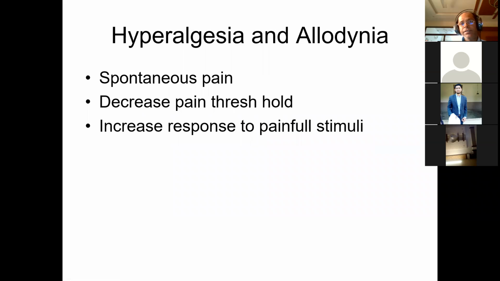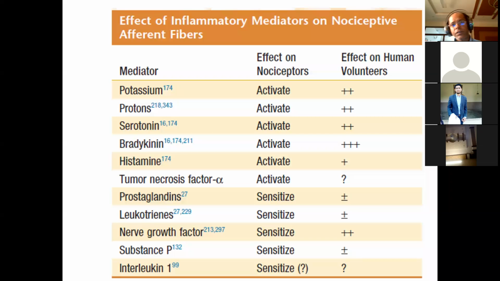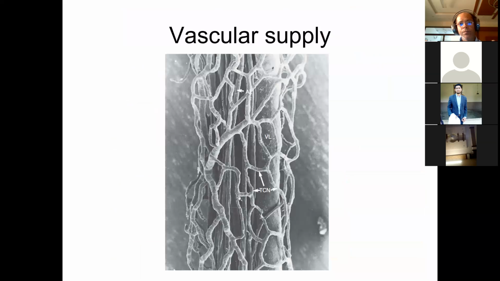Hyperalgesia or allodynia is again a very hyper-excitable tooth pain, when even the local anesthesia is not effective. We will complete the theory of this in local anesthesia: what is hyperalgesia and allodynia. The inflammatory mediators that are released in the pulp make these nerves more hyper-excitable, so that they cannot be blocked with local anesthesia.